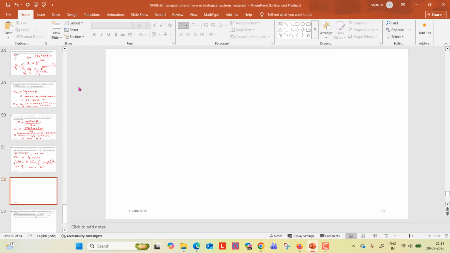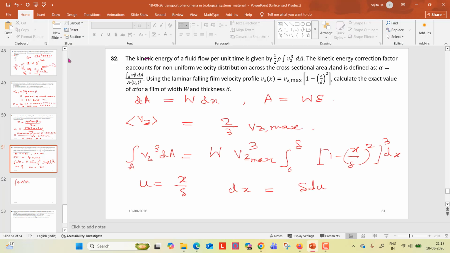For the integration term, it will be integration of 1 minus u square, whole cube, delta du, and it will change from 0 to 1, because when x equals 0, u equals 0, and when x equals delta, u equals 1, right?